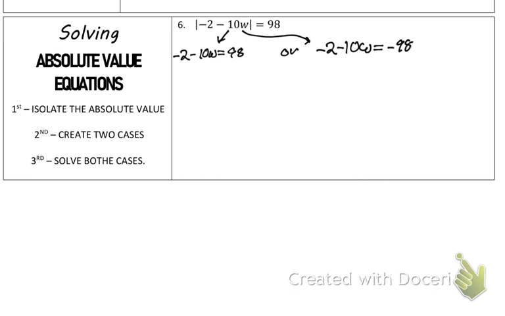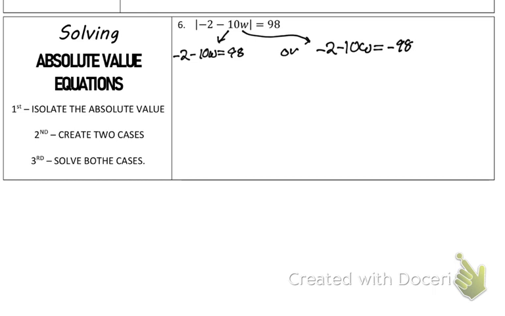Because if whatever's in here equals negative 98, the absolute value of negative 98 equals a positive 98. To get rid of those absolute value bars, we set it equal to the positive version of the right-hand side and the negative version of the right-hand side. Then we just have to solve these two.